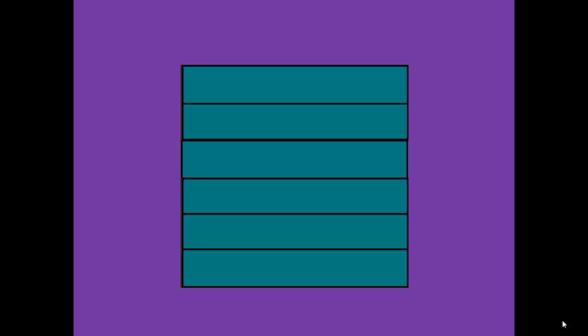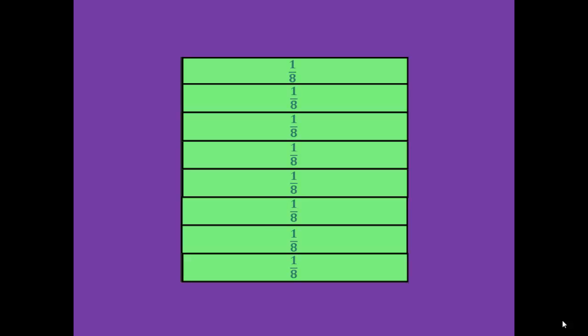We can divide it up into 5 equal parts, and yes, you guessed it, each equal part is worth 1/5. And if we divide it up into 6 equal parts, each equal part is 1/6. And if we divide it up into 7 equal parts, each equal part is worth 1/7, and so on and so forth.